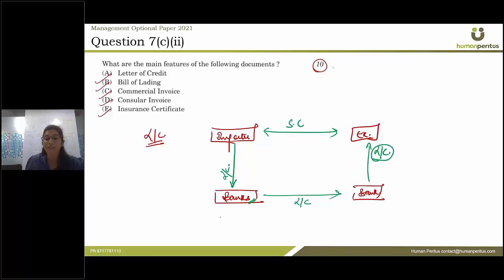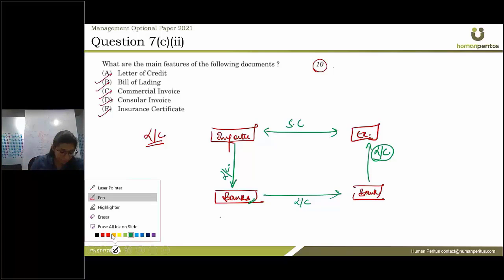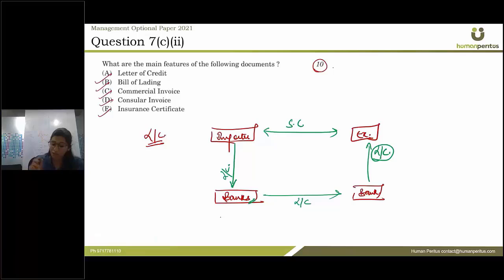Finally, when the exporter has been made sure that there is the legal commitment taken by the importer's bank to provide payment on time, then the exporter would send his goods. So this is how the letters of credit works. All right.